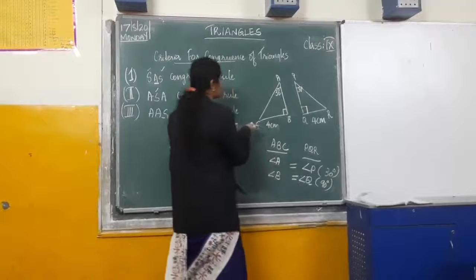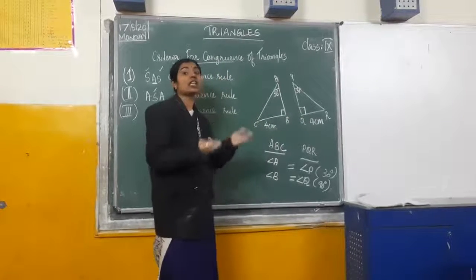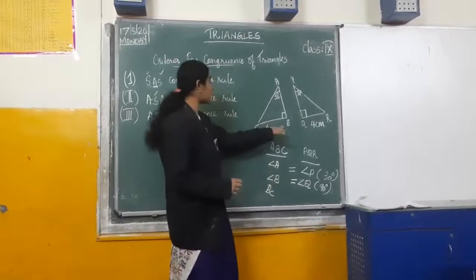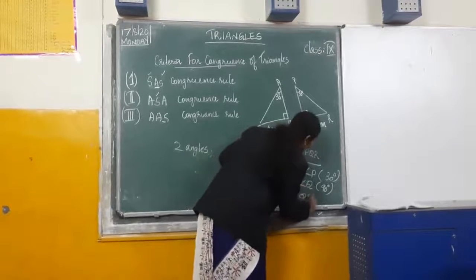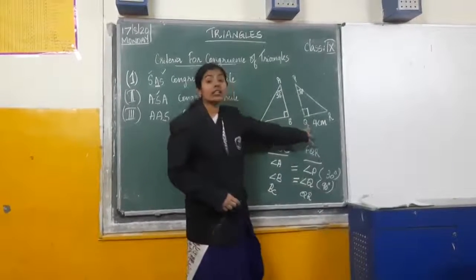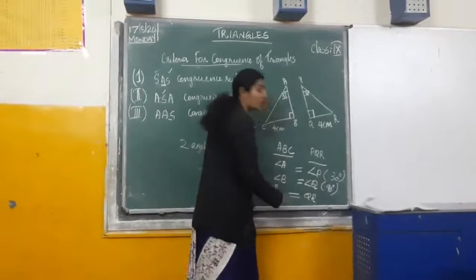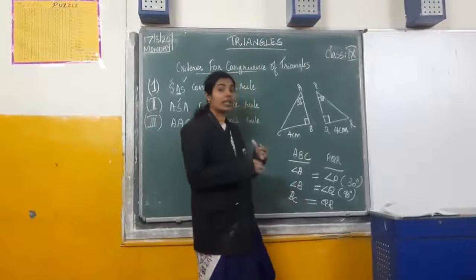So here you can see the two sides which are not included, they are equal. See now BC, which is not an included side, and here also QR, that is not an included side. They are equal. BC equal to QR. So the sides which are not included, they are also equal.